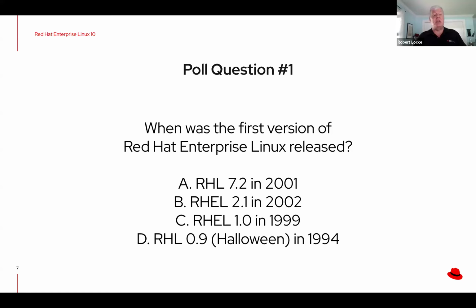Or is it D, RHEL 0.9, the proverbial Halloween release in 1994? So take a few moments to choose which one you think this is. Oh my, it looks like I have fooled most of you.